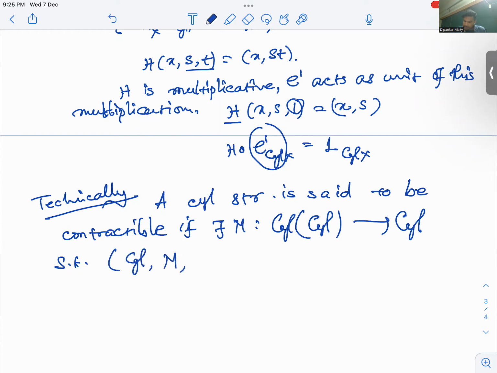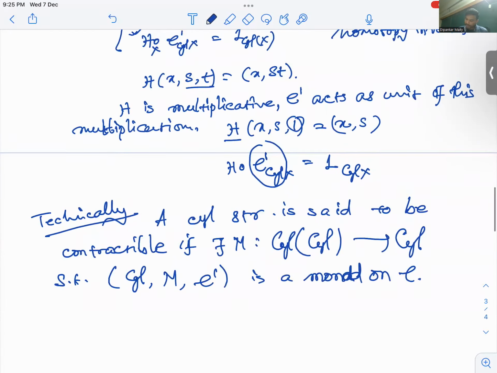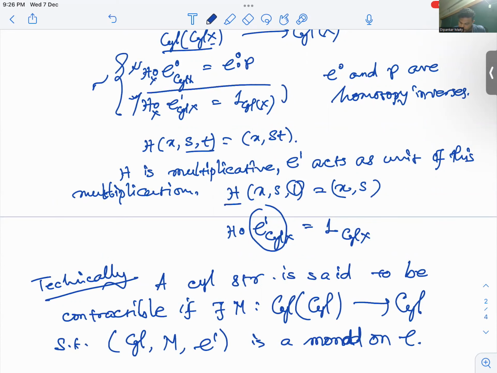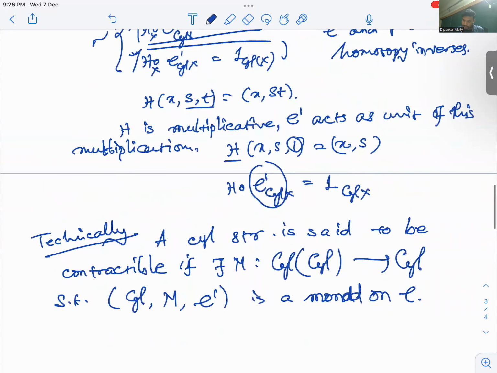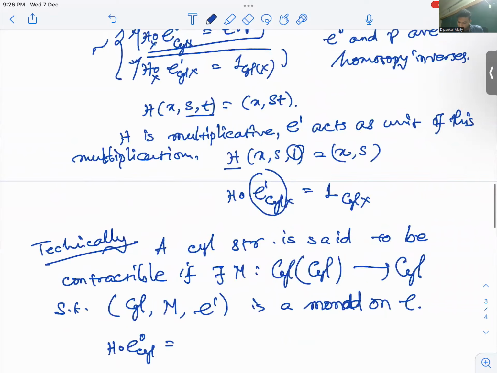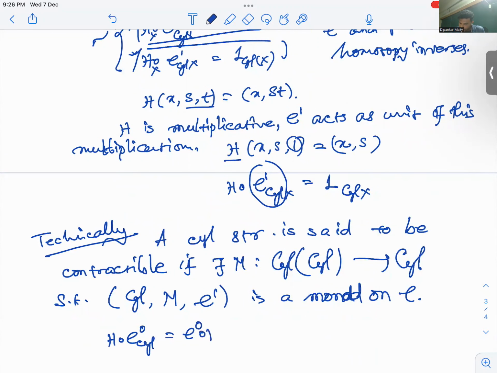Such that the cylinder with M and E1 is a monad on C. And moreover, this identity holds: H composed with the cylinder of E0, H composed with E0 of the cylinder, is equal to E0 composed with P, which is equal to H composed with the cylinder of E0.